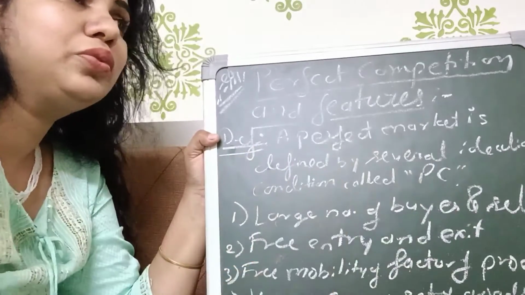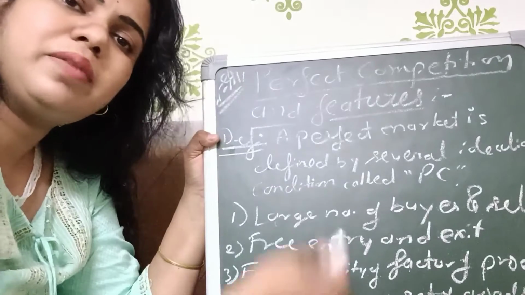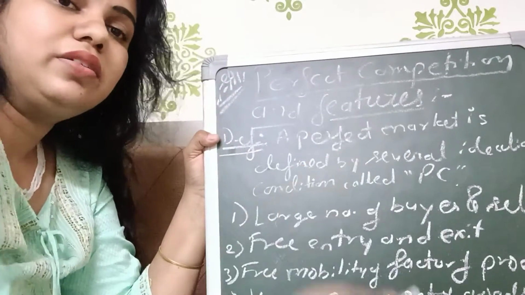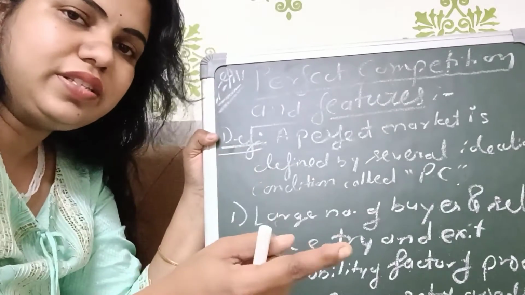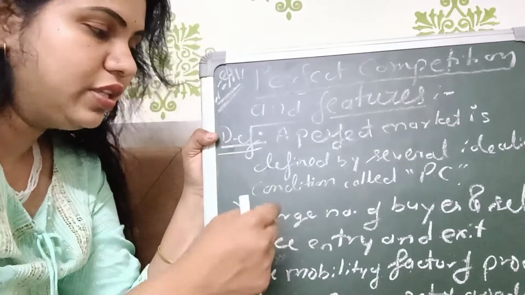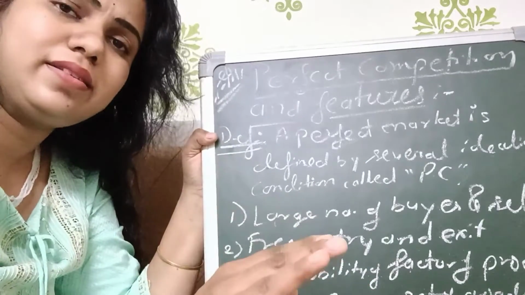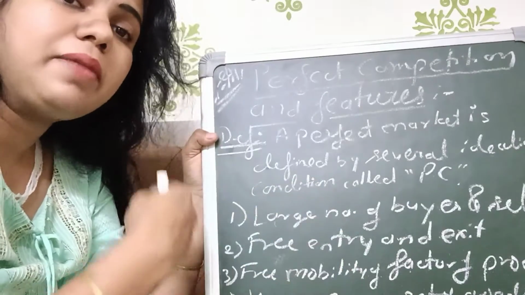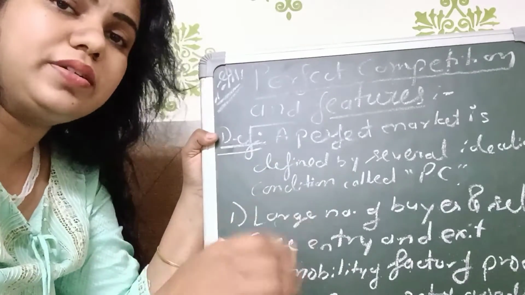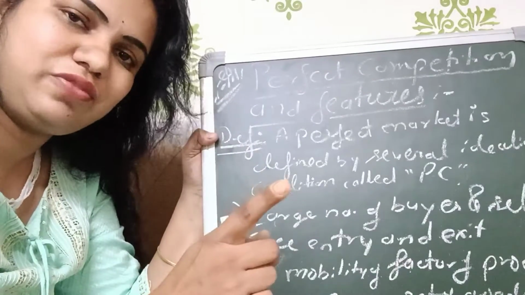If we go to the grocery shop to buy 10 rupees of biscuits, many people visit the shop in a day and buy the product. So the first feature says that there are many buyers and many sellers, and there are no restrictions. Many can buy the same product, and many shop holders can sell the same product at whatever the price is.